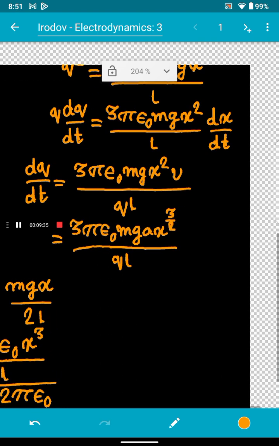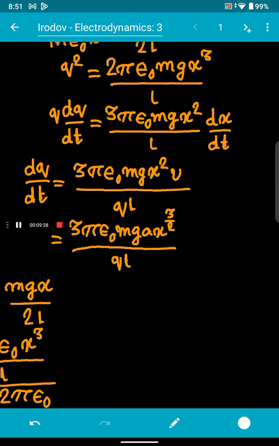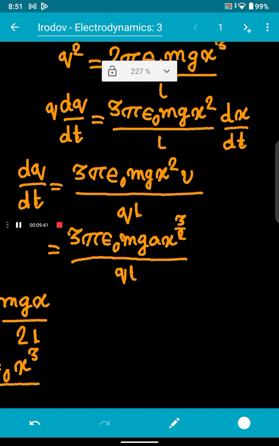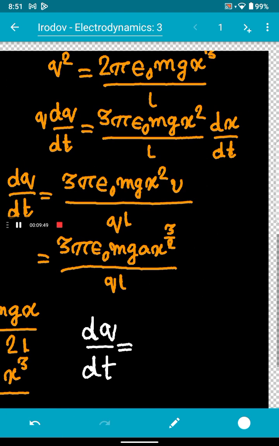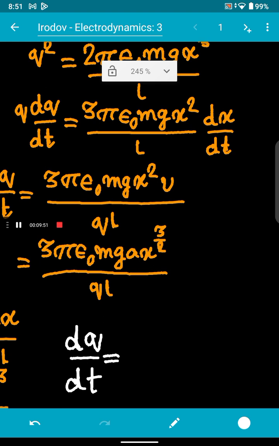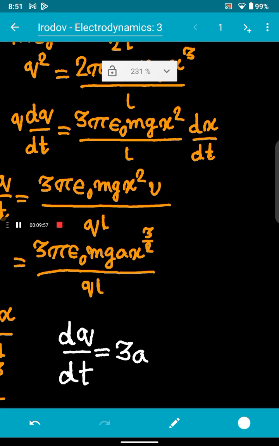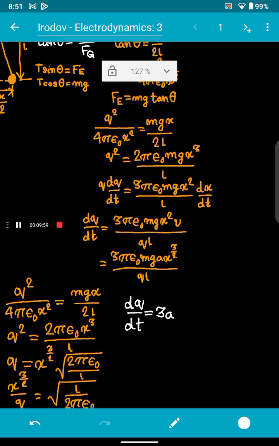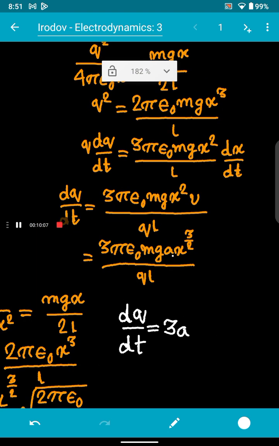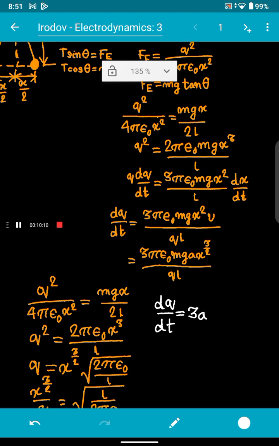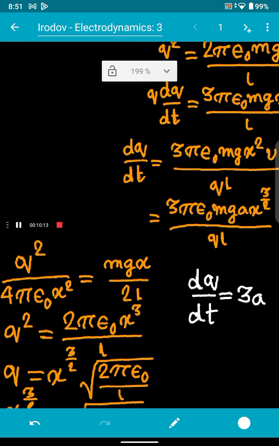And now when you substitute that value in the given expression, it will become dq by dt. We will just have our final answer if we substitute this. So 3a will be outside, and we had 2 pi L by 2 pi epsilon naught. So the whole part will be under the root. Oh, I actually have ignored mg here.